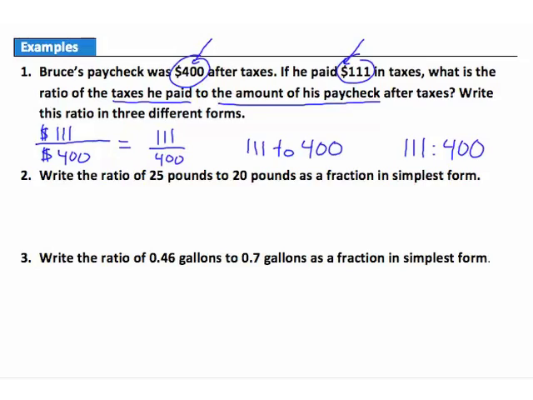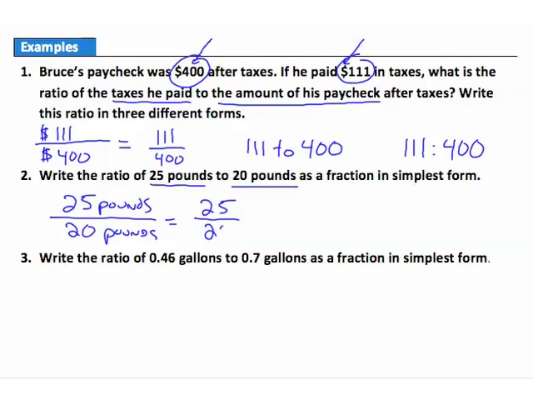Example 2. Write the ratio of 25 pounds to 20 pounds as a fraction in simplest form. So they listed this 25 pounds to 20 pounds. So that means 25 pounds is going to go in the numerator of my fraction and 20 pounds in the denominator. Now, units are the same, so I don't need to write them in this ratio, so I will just write this as 25 to 20.